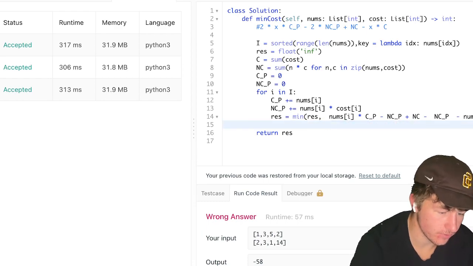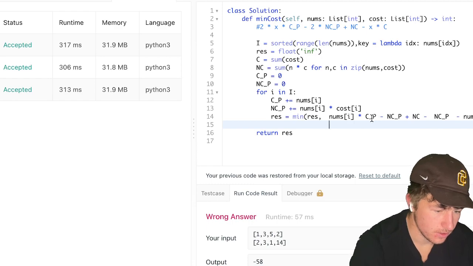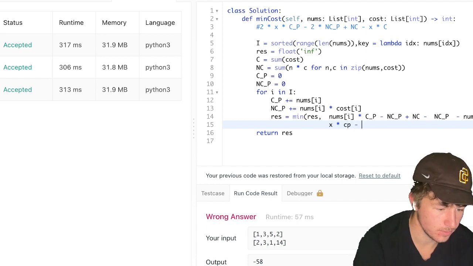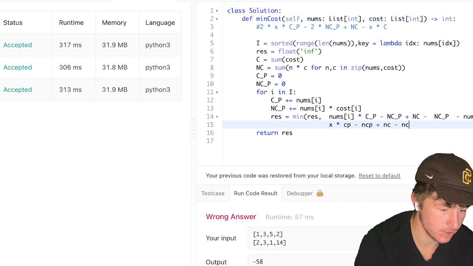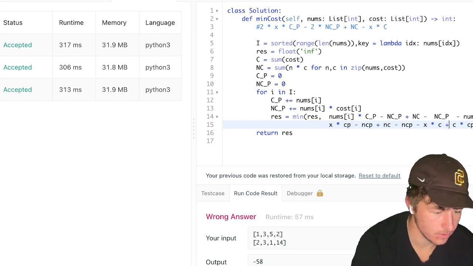All right, let's get this working out. So x times c prime minus nc prime plus nc prime minus nc prime minus x times c minus x times c prime plus xc times.